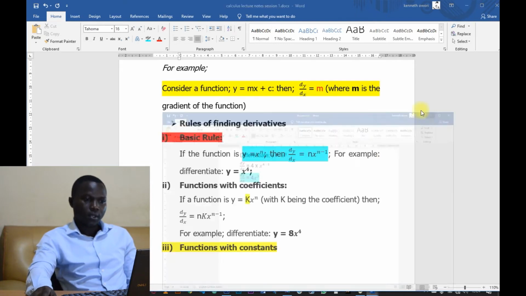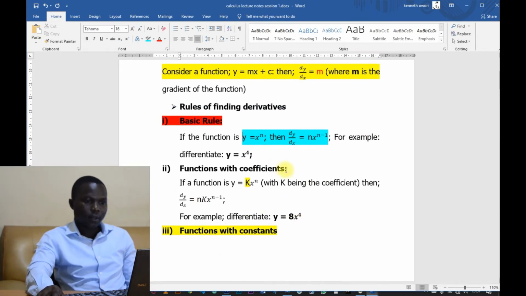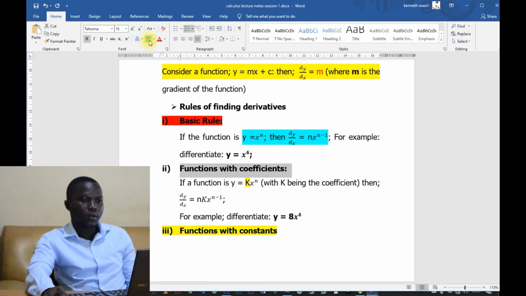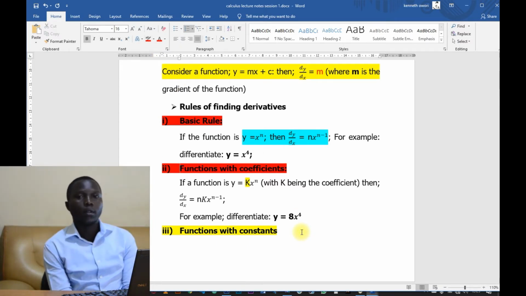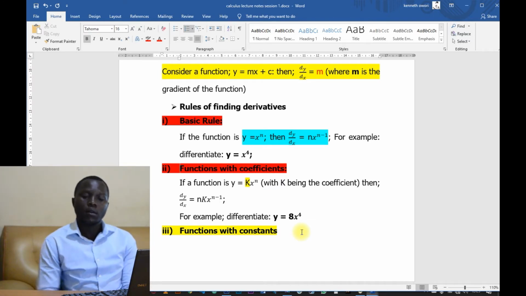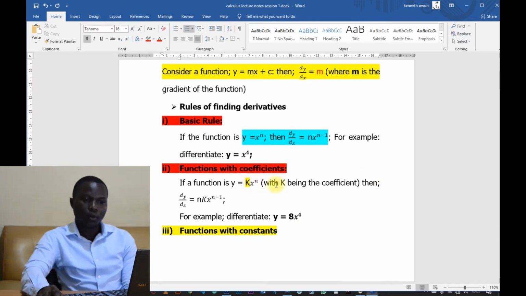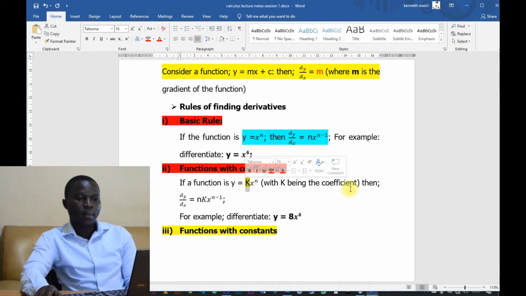The second rule is functions with a coefficient. Whenever we have an expression with a coefficient, for example a function y equals kx power n, with k being the coefficient, how do we find the derivative? The procedure doesn't divert too much from the basic rule.